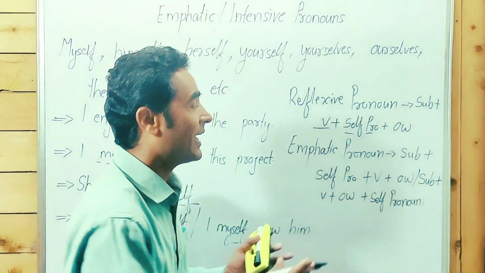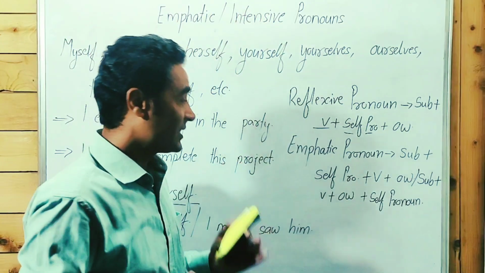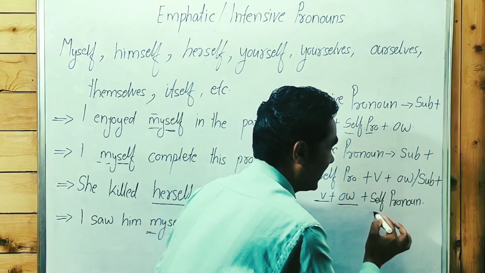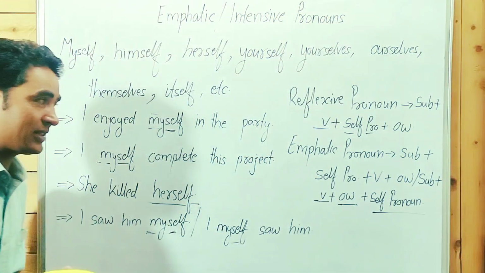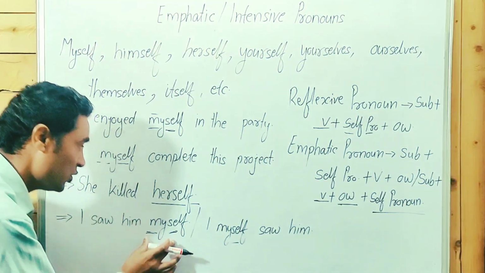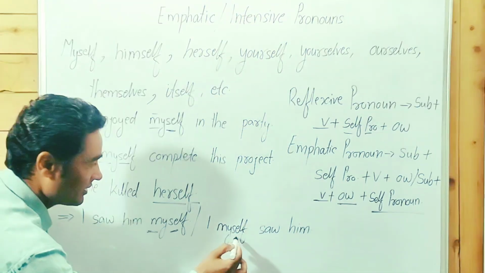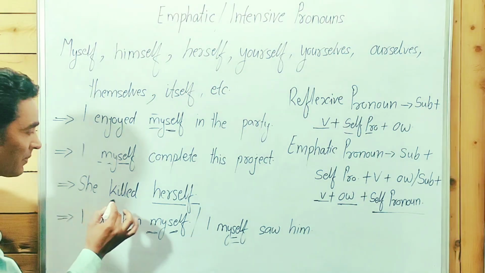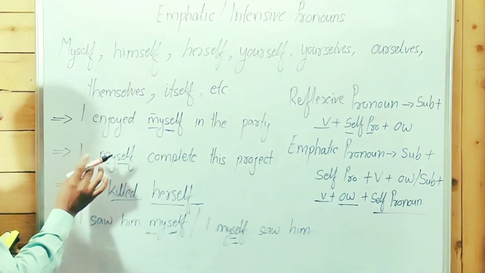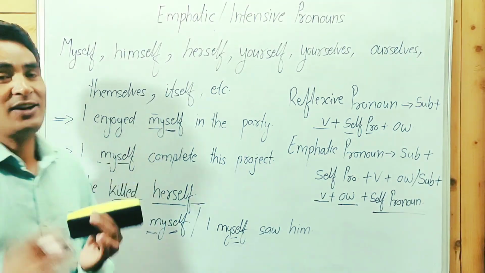Here, subject, after that verb plus other words, and at the end of the sentence the self pronoun. I hope you understood. Here, myself has been used at the end of the sentence. Emphatic pronoun after the subject, reflexive pronoun after the verb.